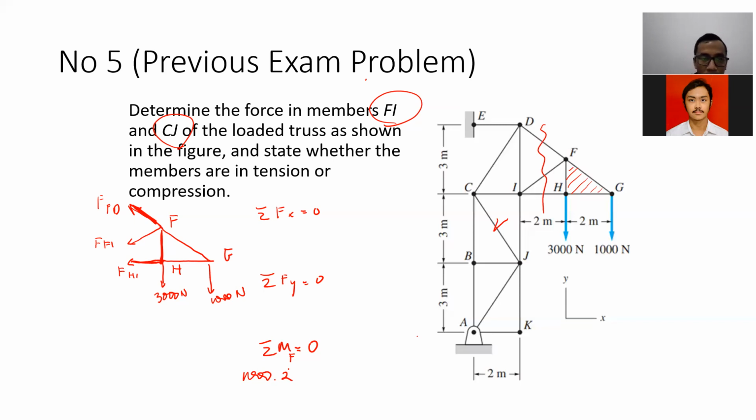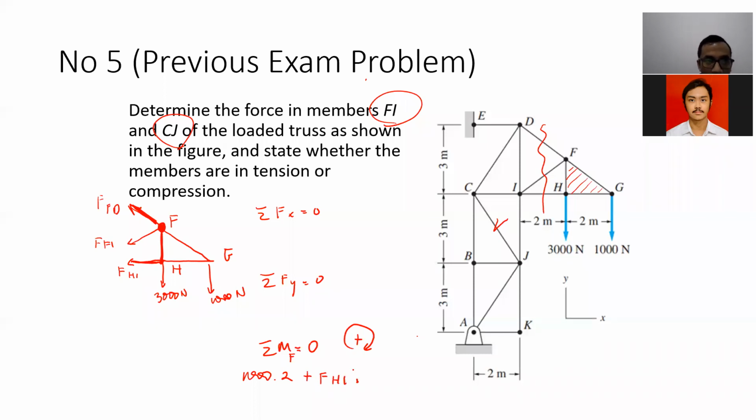What else? FHI. This one is the center of rotation, remember? You need to use FHI without the sine. Plus or minus? Clockwise is positive.